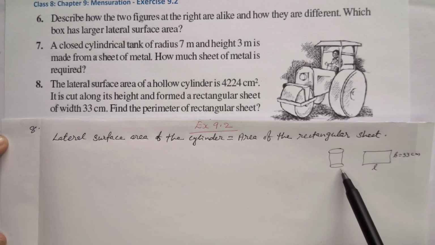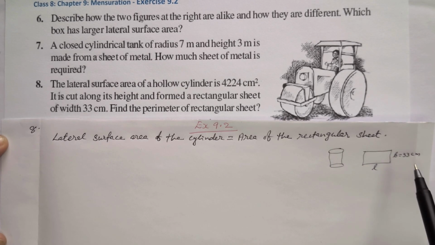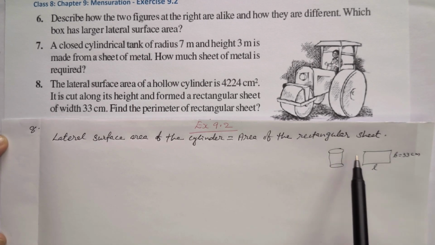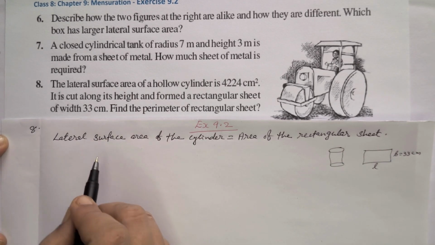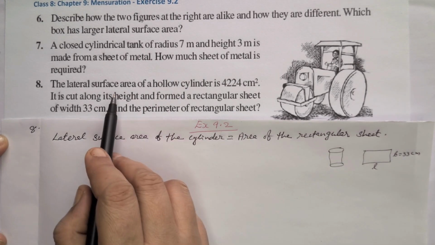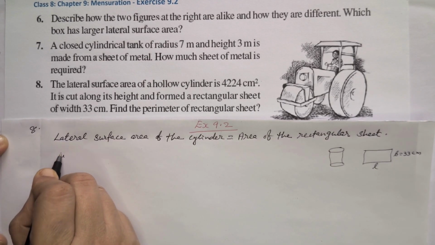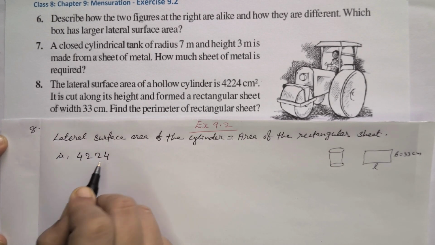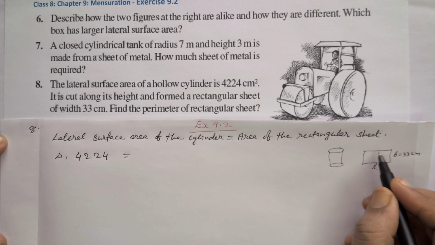The area of this hollow cylinder, only the curved part, when we open it, is the same as the area of the rectangular sheet. So we can write lateral surface area of the cylinder is equal to area of the rectangular sheet. Here the lateral surface area of the cylinder is given as 4224 centimeter square, which is equal to the area of this sheet.